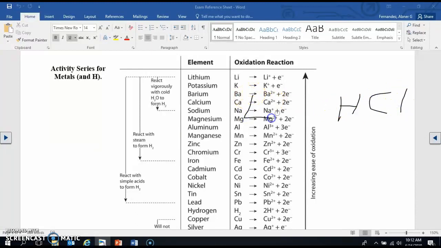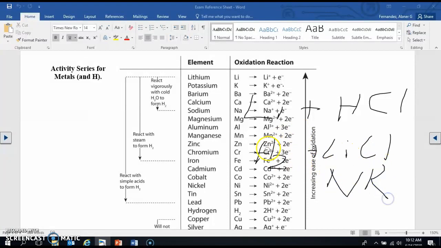And then you have lithium as the single guy. The question is, can lithium knock out hydrogen from chlorine? And the answer is yes. The reason why is because lithium is higher in activity than hydrogen. Now, what would have happened if we had H2 plus lithium chloride? In this case, there is no reaction.